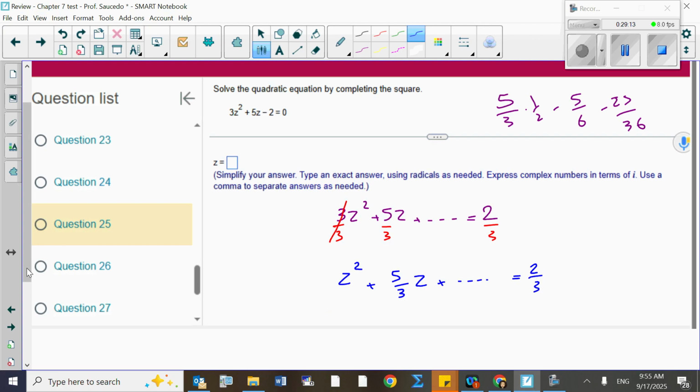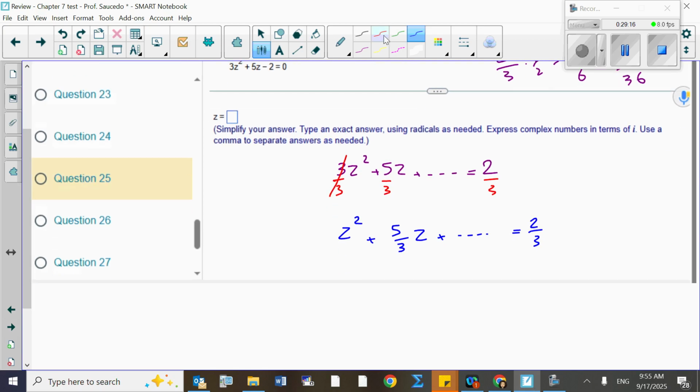Now let's see how we can solve this. Again, the same as what we have done before. You just take the b value, which is 5 over 3, divide by 2, and raise to the power of 2. This is going to be here. So what is that? It's 5 over 3 divided by 2. You do keep, change, flip. So 5 over 3, the division will be multiplication, and flip the 2, it's 1 over 2.